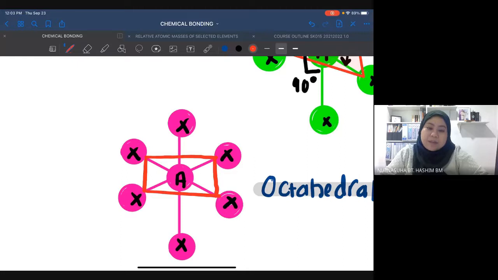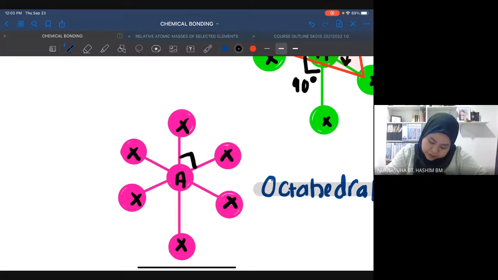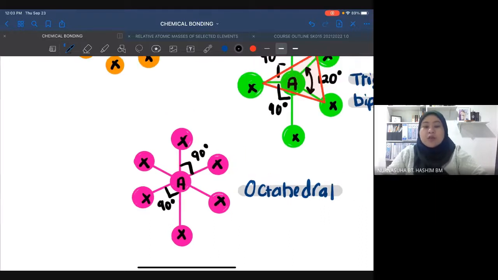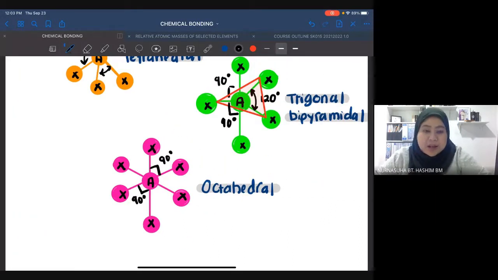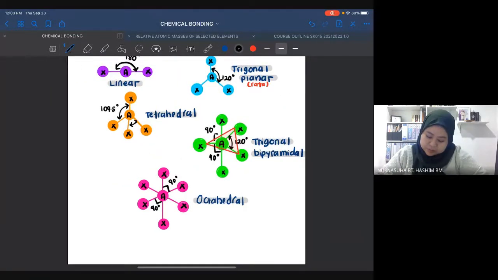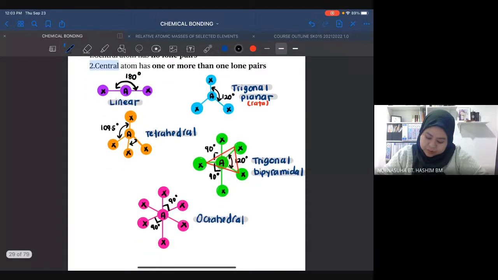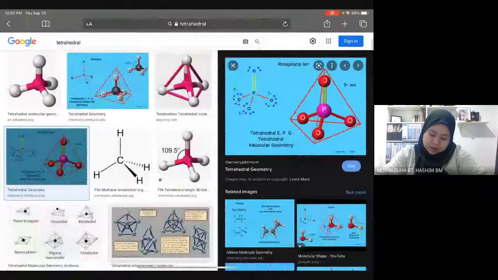Okay, segi 4 ni, maksudnya angle dia adalah 90. So this one 90 degree. So this one also 90 degree. So untuk octahedral, kesemua angle adalah 90 degree. Okay. So Madam tunjuk octahedral.